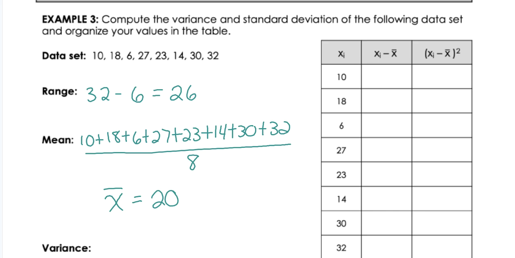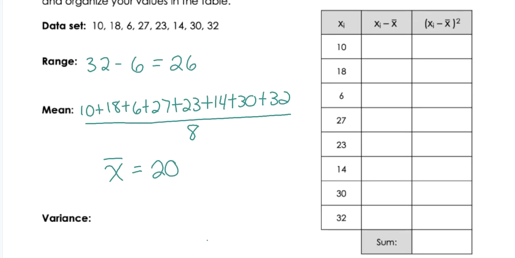All right, in order to calculate my variance now, I need to use this table over on the right to help me. In the leftmost column is just the list of data values. To start, we're going to take each data value and subtract out the mean. For this first one, taking the data value and subtracting out the mean gives me negative 10. 18 minus 20 is negative 2.